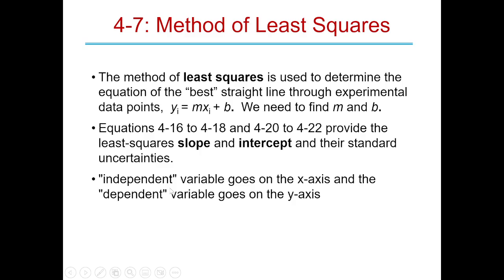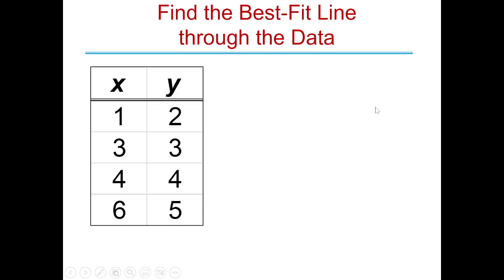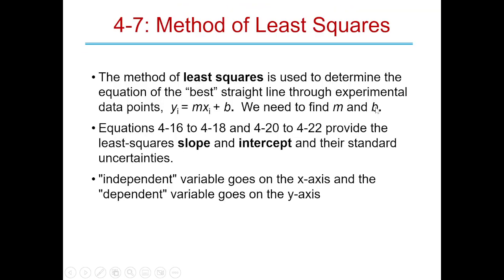So the independent variable goes on the x-axis and the dependent variable goes on the y-axis. What does an independent variable mean? Let me ask this from a different direction. So notice that our best straight line is being fit to what? The y-intercept, not the x-intercept, right?